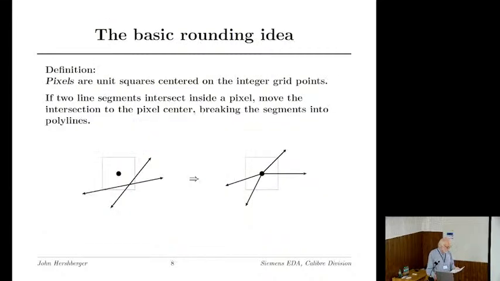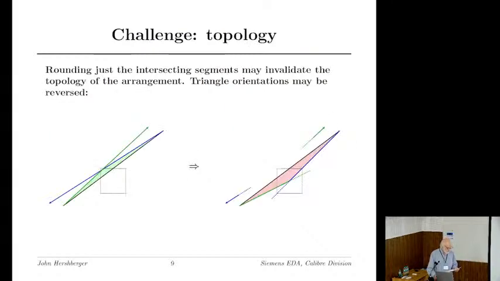Now, this is all pretty simple stuff. No big surprises here. Pixels are defined to be unit squares that are centered on the integer grid points. And if two line segments intersect inside a pixel, then we just want to move the intersection to the pixel center, which would then break the segments into polylines, polygonal paths.